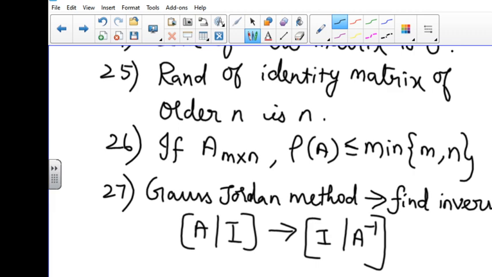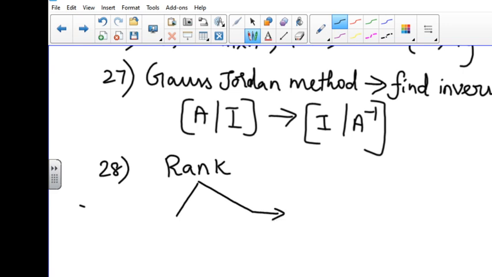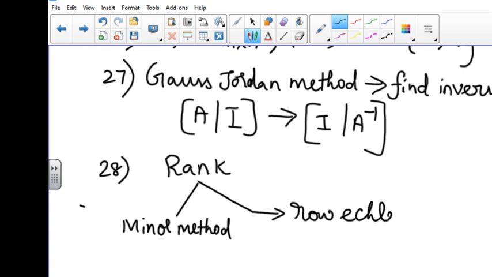Okay. Next one, 27. How to find the rank? Rank can be found by two methods. One is the minor method, another one is the row echelon form method, by row reduction.